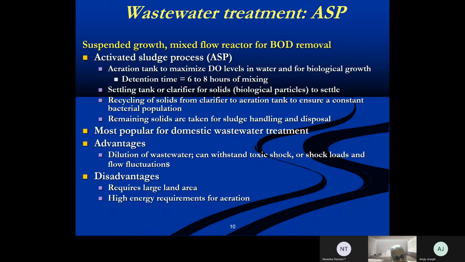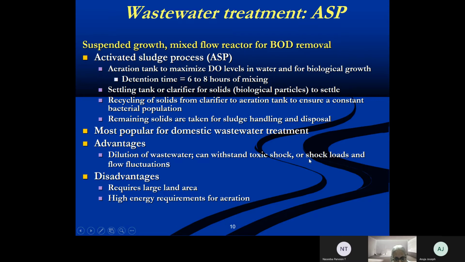Now in monsoon, because of storm water, if the urban center has a mixture of stormwater and wastewater, then the flow coming into the plant is going to be enormous. So the flow fluctuation can be huge. And that means that you get enormous dilution, but you can also get what is called washout. So these are some of the things that this process is good at handling.